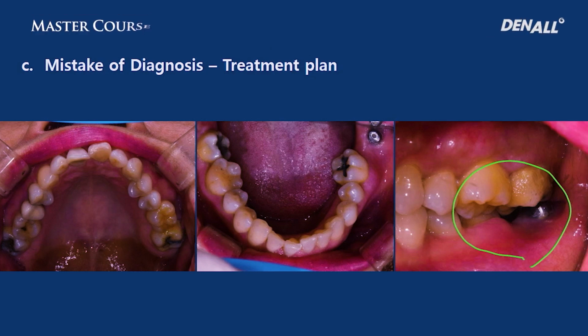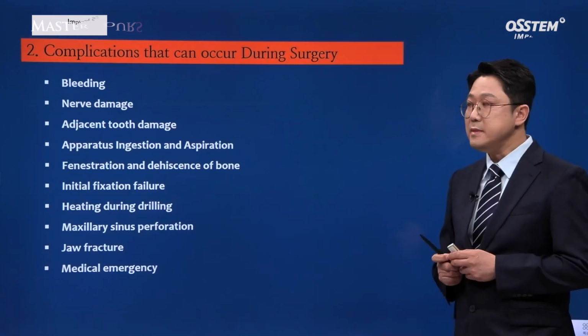If you just place the implant in number 37, in terms of functional aspect, unfavorable results can come about. There should have been a treatment plan for how to address these issues, but it was lacking. The implant was provided, but it did not function well. As a result, the preoperative diagnosis and treatment planning process is very important in preventing these complications.